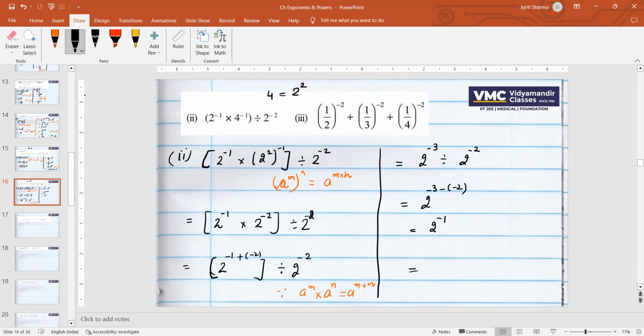Here I will write it as 1 by 2. The law which I have applied here: when they are getting divided, the powers will be subtracted. Here I have applied that a negative power will be expressed as a positive power by taking the reciprocal of the base.